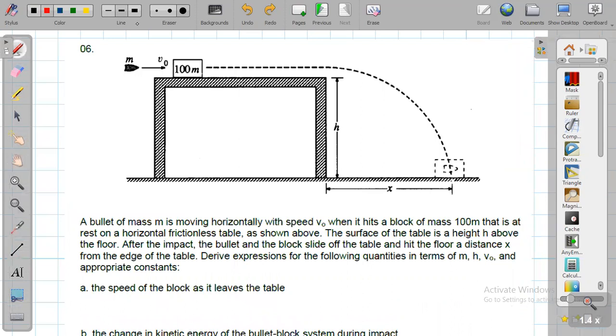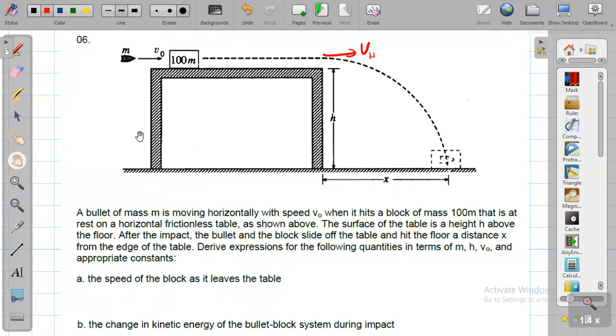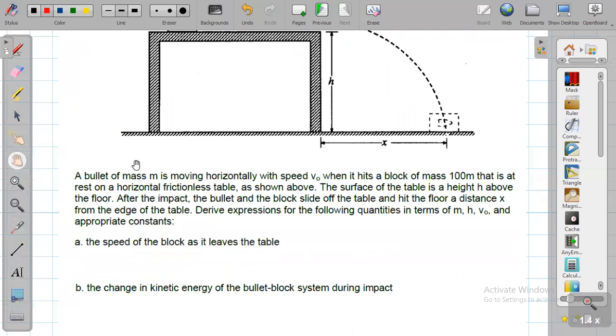As it leaves here, if I call it v, how to get it? That's the horizontal v. We know one thing. This is frictionless, so it's going to be dragged off with some combined velocity as it comes to here, right? The bullet and the block slide off. The bullet and the block merge, right?